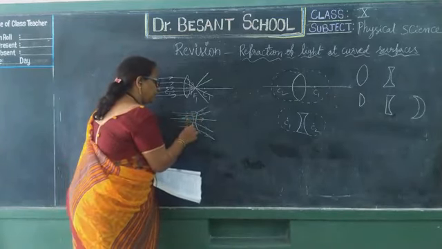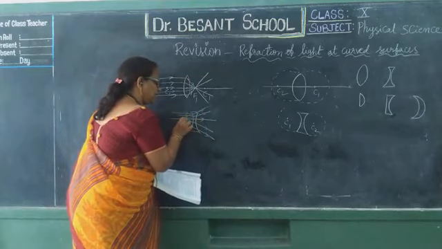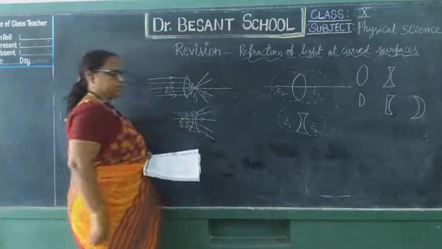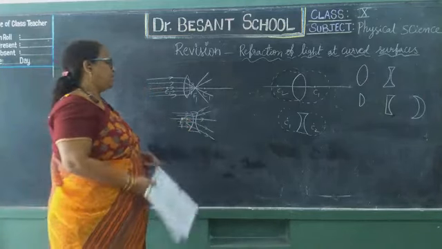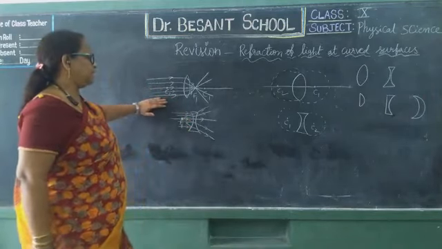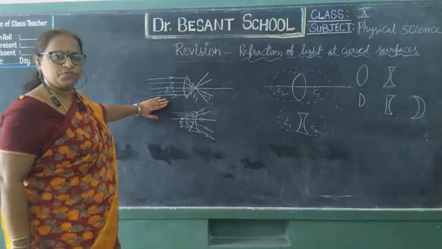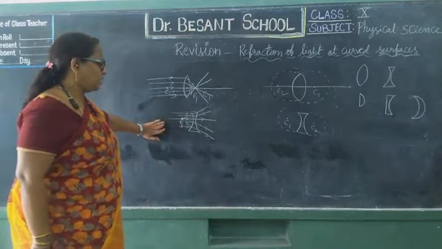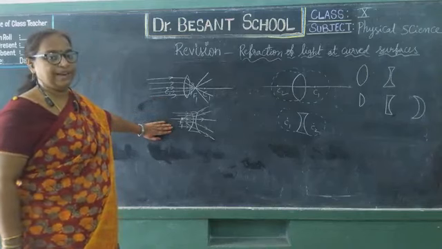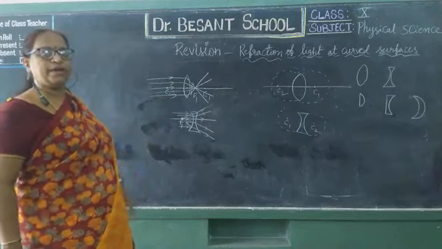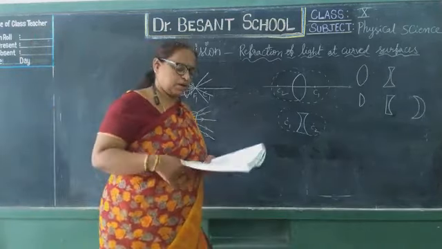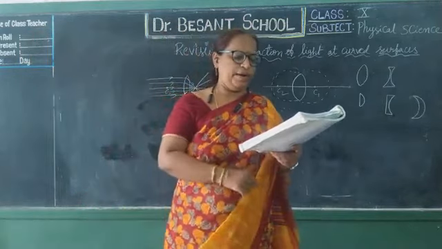You will observe that when they are extended backwards, they will meet at a point. That point is the focus. Means for a convex lens, all the incident rays, when they are parallel to each other, will converge at a point. That point is the focus. Whereas for a concave lens, all the refracted rays will appear to diverge from a point. That point is called the focus or focal point.